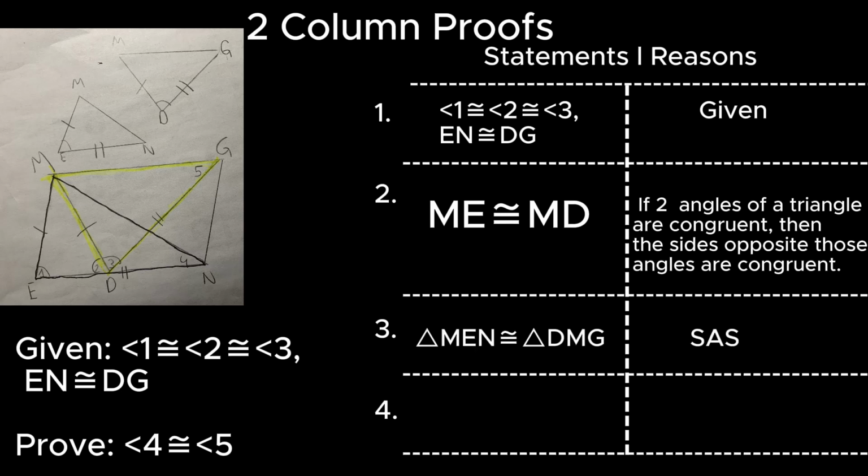So we can say that triangle MEN is congruent to triangle DMG because of SAS. And then our final step, we can use CPCTC to say that angle 4 is congruent to angle 5.